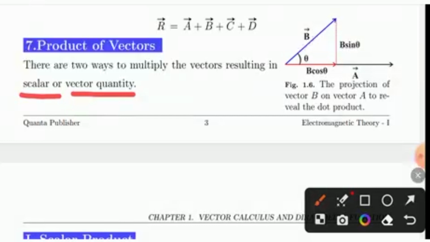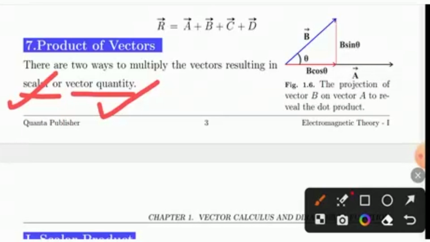The difference between them is that if we multiply two vectors and the result is a scalar quantity, then the product is a scalar product. And if we multiply two vectors and the result is a vector quantity, then this product is known as the vector product.